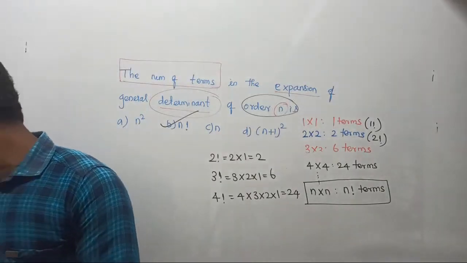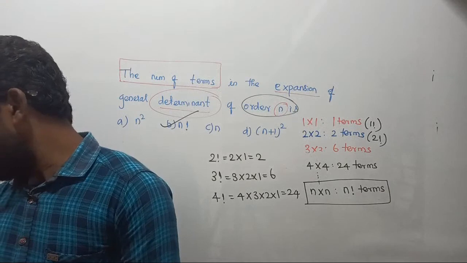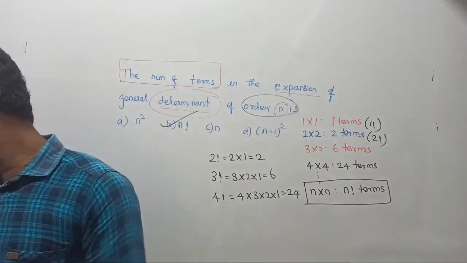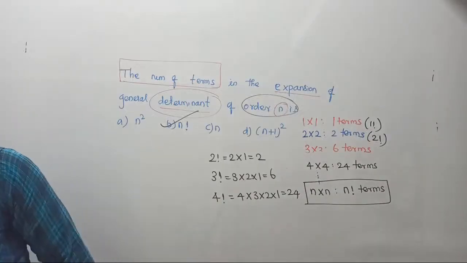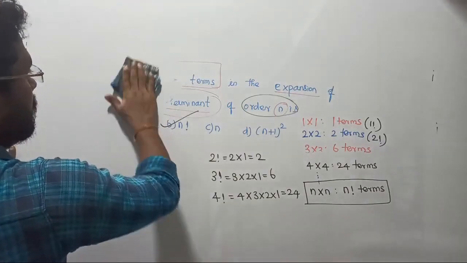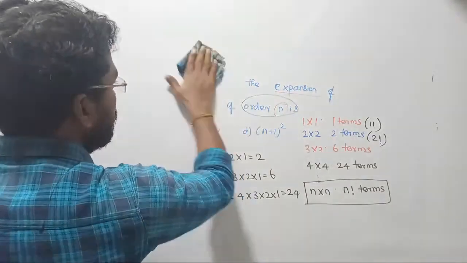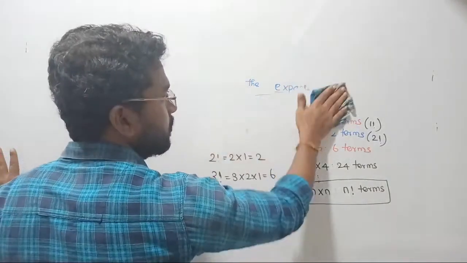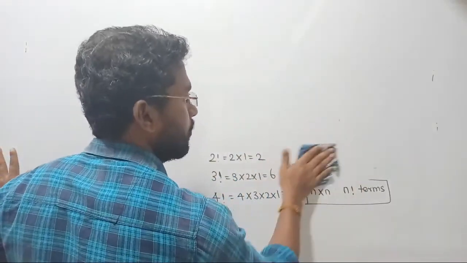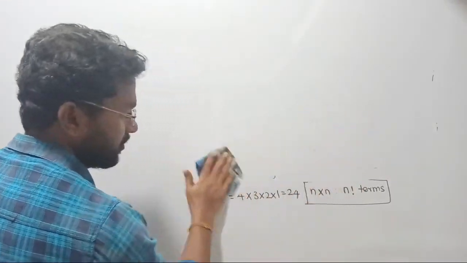Next one is, once again they are asking the determinant of the matrix is dash, right? The question given is a 4 cross 4 matrix, but here you cannot apply the property directly. We should check.